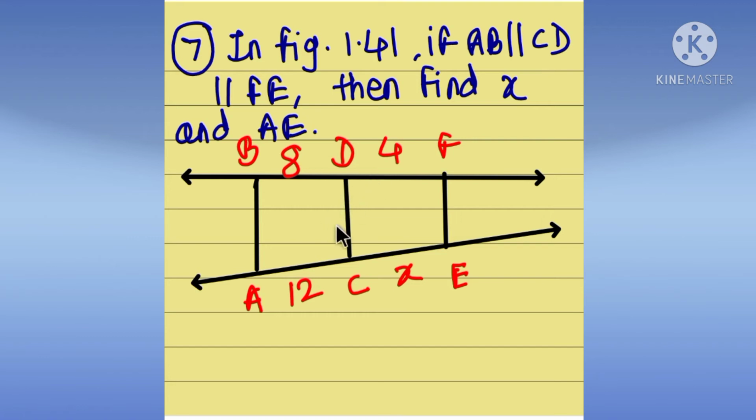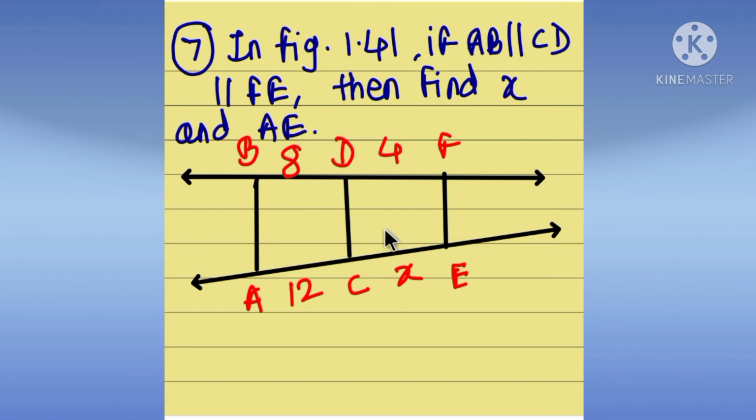If we observe the figure, there are parallel lines AB, CD, FE. That means there are 3 parallel lines, and suppose BF and AE are the transversals. So this figure is like the property of 3 parallel lines and their transversals.